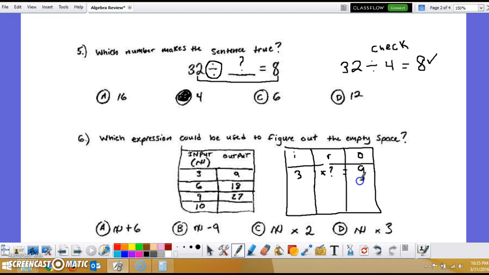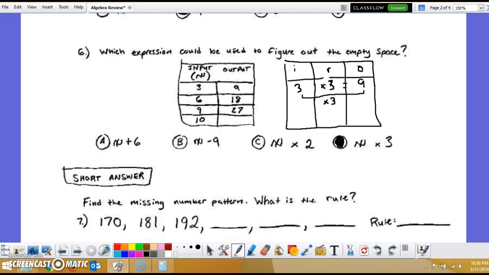If you take what you know, your 9 and your 3, and you do the opposite operation, in this case you divide, 3 going into 9, you'd get the question mark, or 3, and in this case, the rule, which is multiply by 3. So I'd have to take 10, and I multiply it by 3, and which expression would actually work? X times 3. Because in this case, the x would represent this number here to determine what the actual rule is.